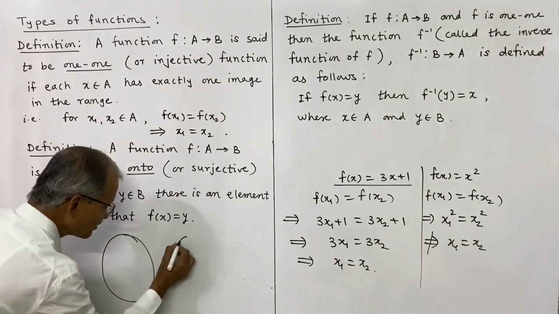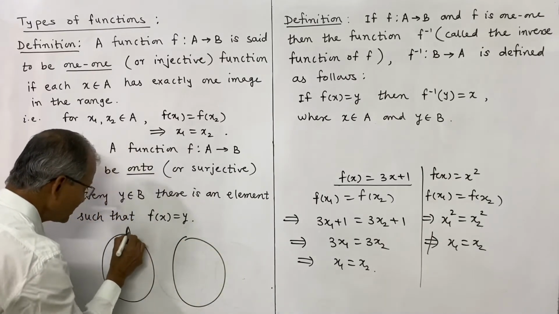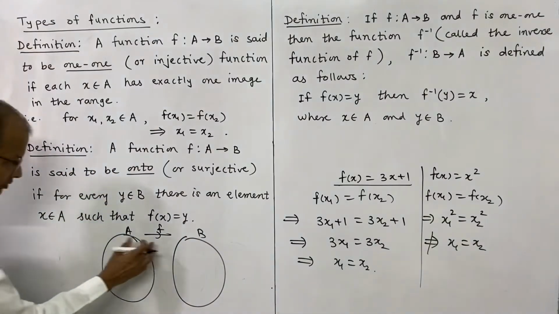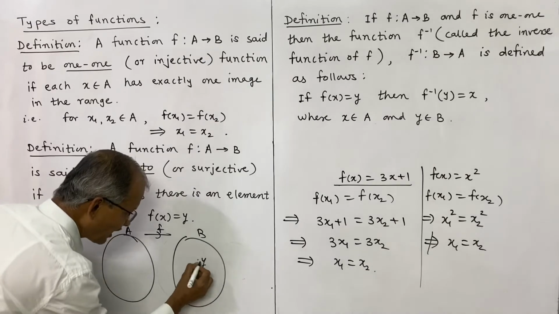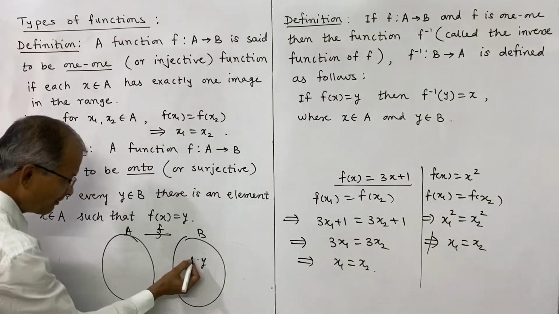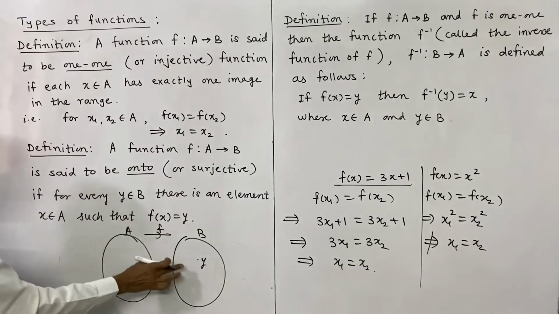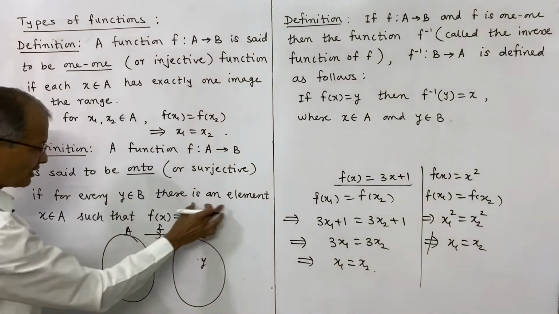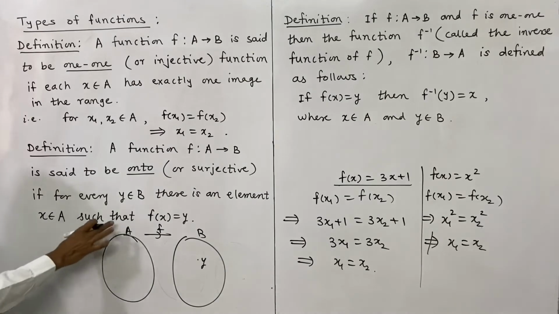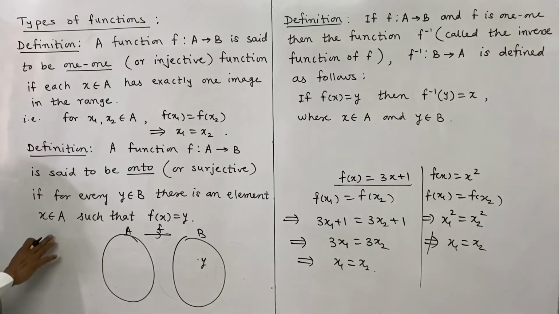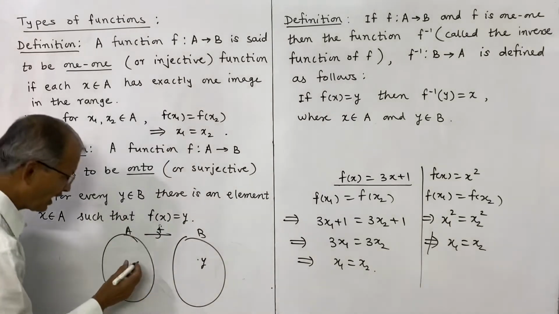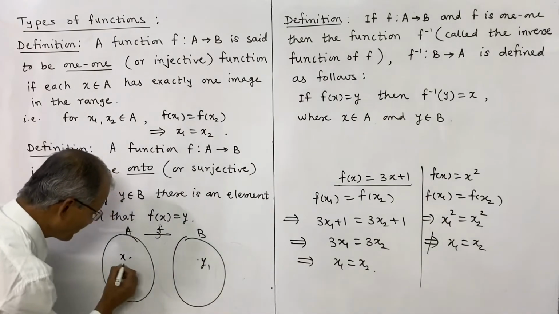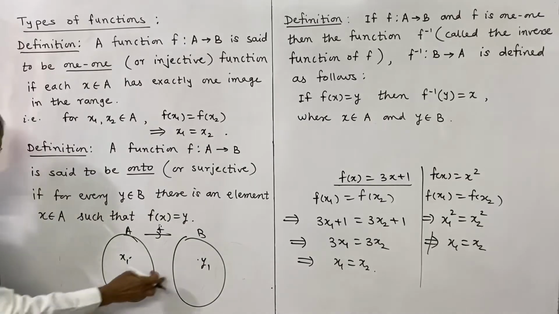So for every element in B there is some element in A such that f of x is equal to y. For y1, x1 will be the inverse image of y1.